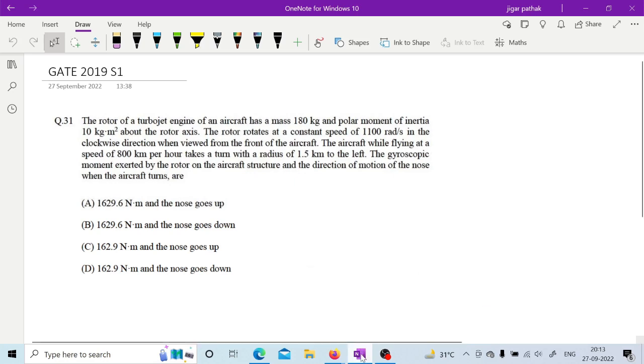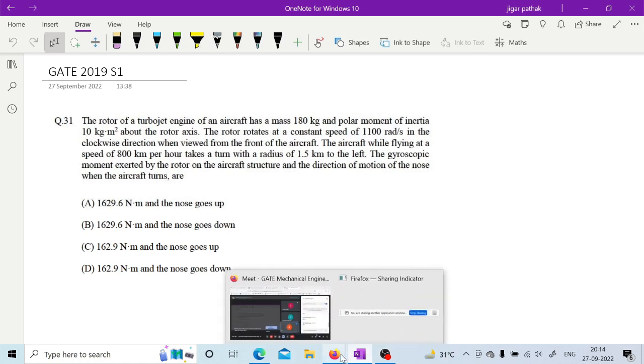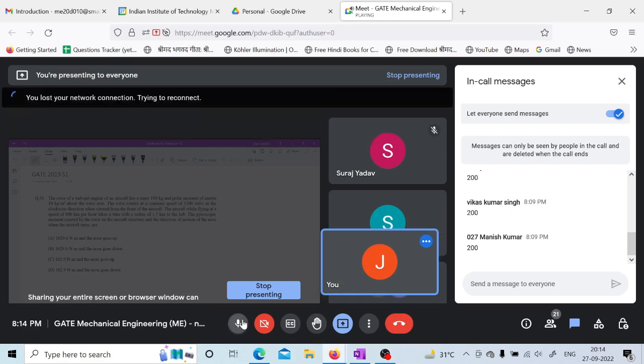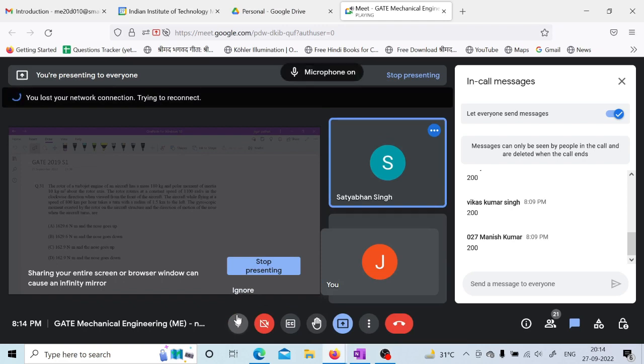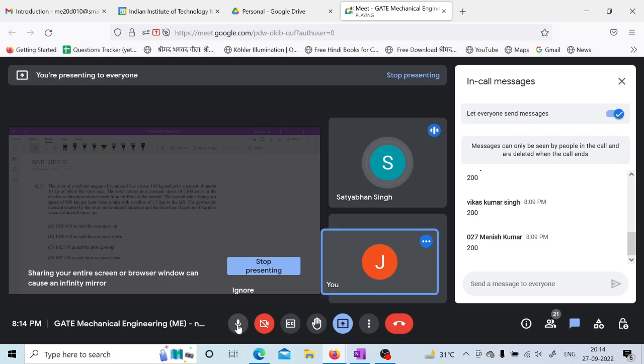Sir, polar moment of inertia and mass moment of inertia are the same? See, here we are considering it as I only, for this particular problem.